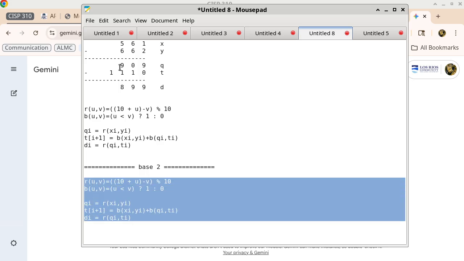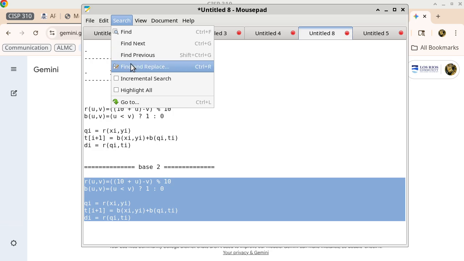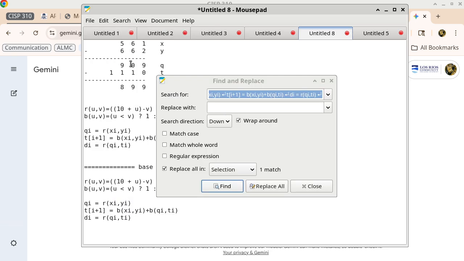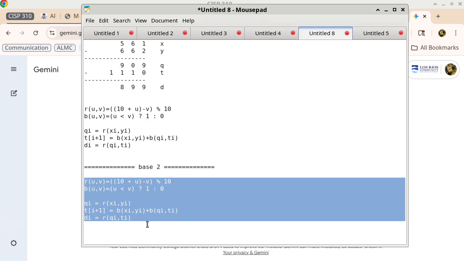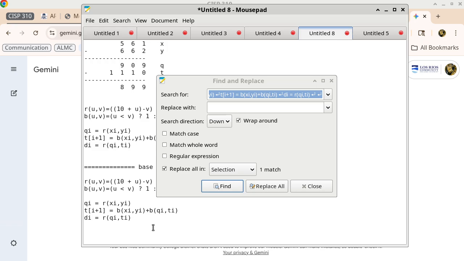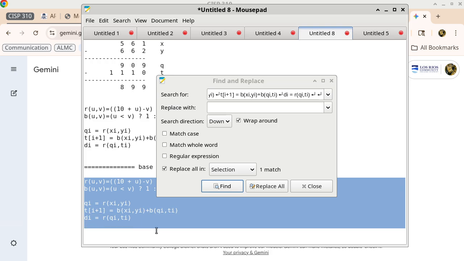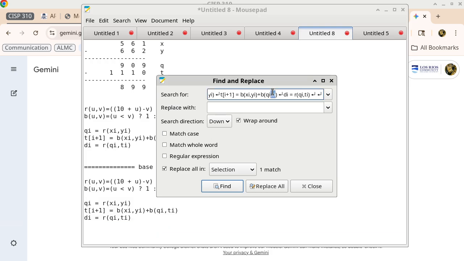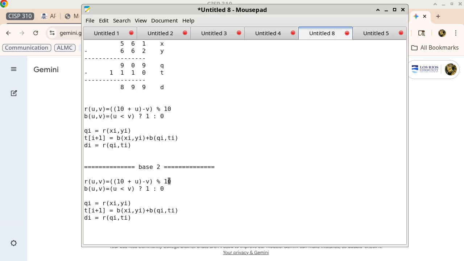Let's try again, maybe with the shortcut key, Control R. Still doesn't want to do it. Something is not working right here. All right, fine, we'll do it manually. That's it. Now we have the base 2 version of multi-digit subtraction.